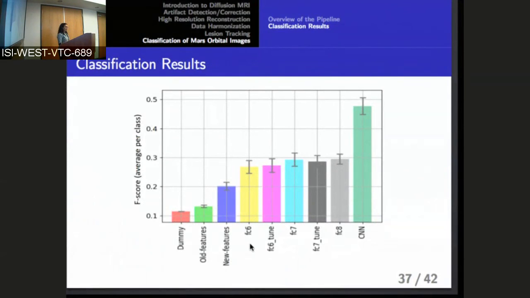Correct. And maybe you can say, I see FC6 and FC6 tune. What does that mean? That means that we just used a pretrained AlexNet. We did not do any fine tuning, and fit the images to extract those features. Another time, I did fine tune the AlexNet, and after fine tuning, I used those features to fit our supervised classifiers.